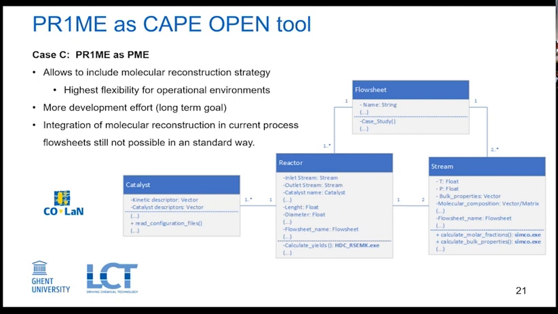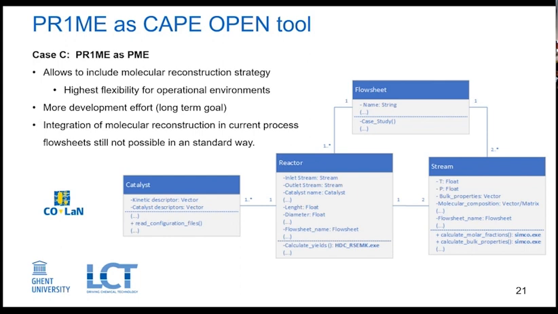And then the third scenario that we foresee, thanks of course to Michelle for some discussions that we had in that regard, would be to expose Prime as a full process modeling environment. That would allow us to include the molecular reconstruction strategy as part of the software, and would give more flexibility for the operational environment, of course, having the molecular reconstruction available as part of the tool. But that would require more development effort. That would be more of a long-term goal.